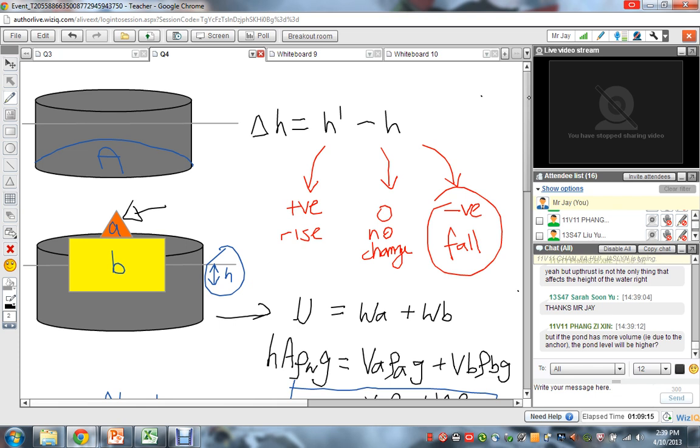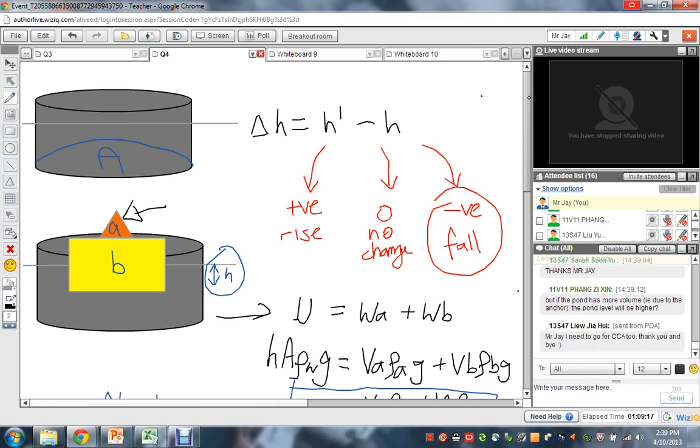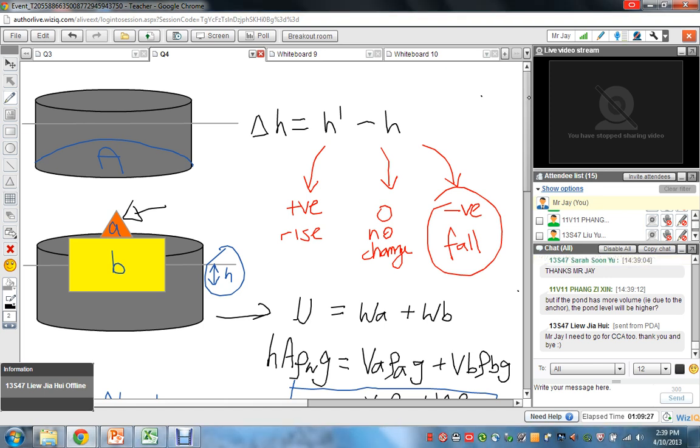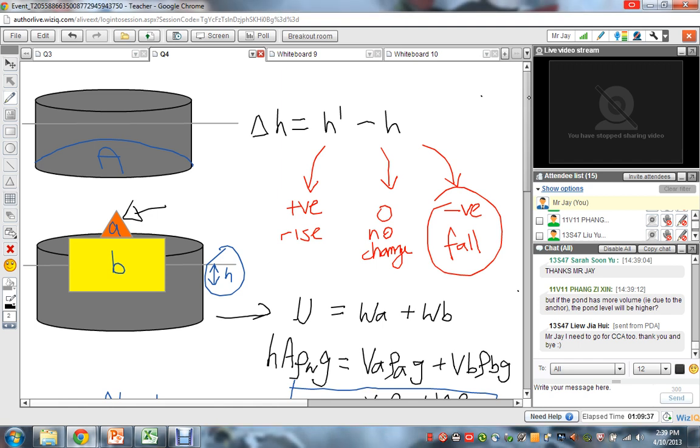What I mean to say is the pond level will be higher depending on the upthrust that the total system experiences, the anchor and the boat together. So if the upthrust in the case where they are floating is higher, then the level of the pond will be higher.